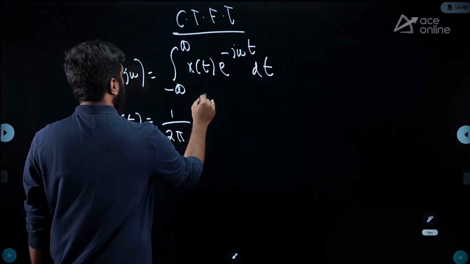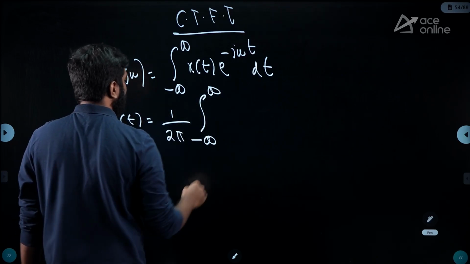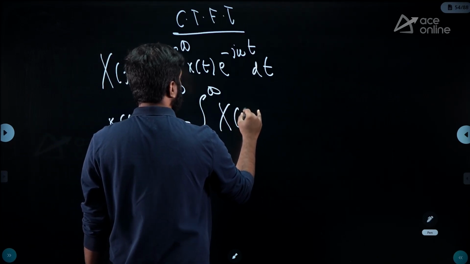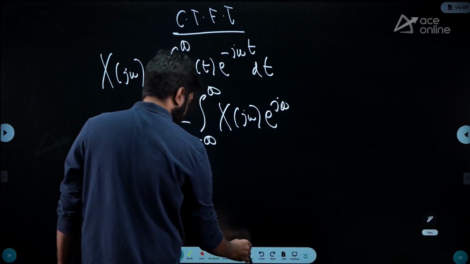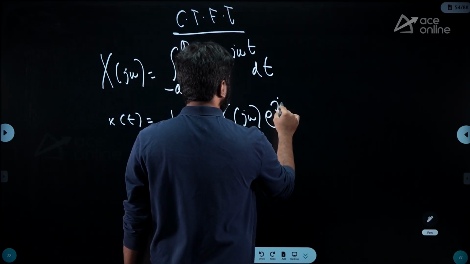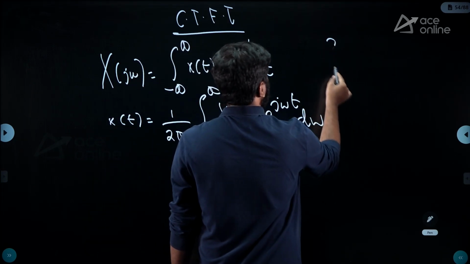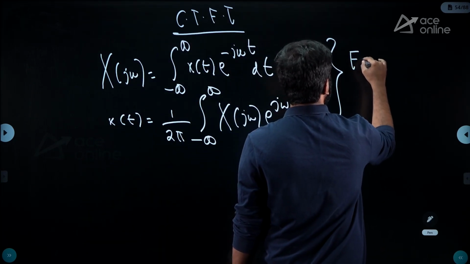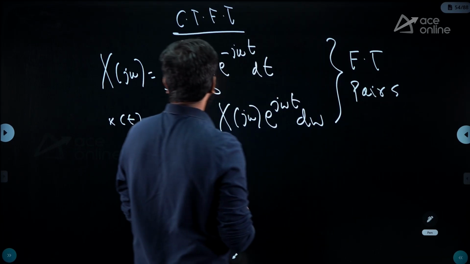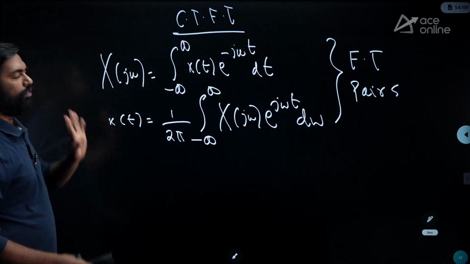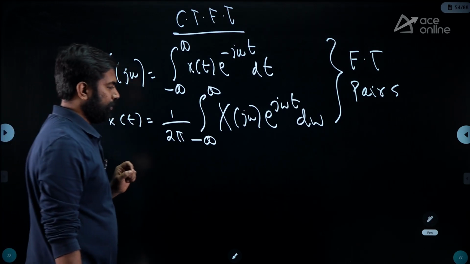This 1 by 2 pi always irritates all. So it is 1 by 2 pi integral, x of j omega e power j omega t, and then d omega. These two are called Fourier transform pairs. We call the first one the Fourier transform of x of t. Okay, so you should know these definitions.